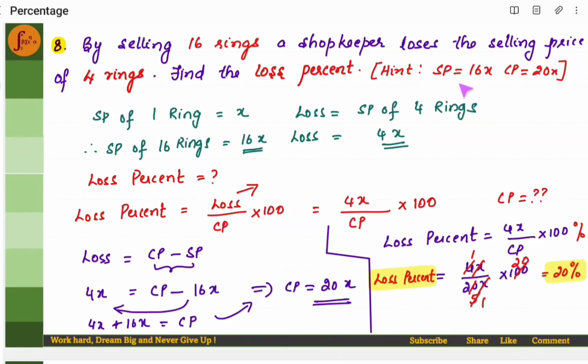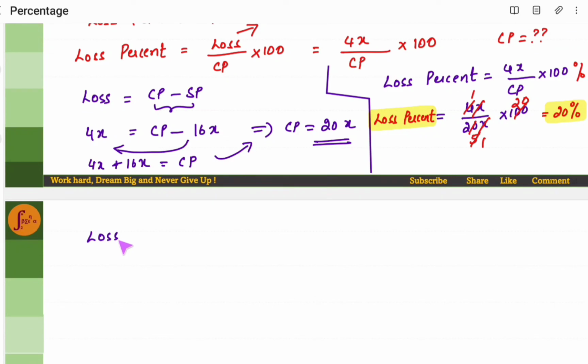They've also given a clue here to consider selling price as 16x and cost price as 20x. You can use this clue directly and substitute, or you can use this method. If you are using the clue, you can write loss percent is equal to loss by cost price into 100.